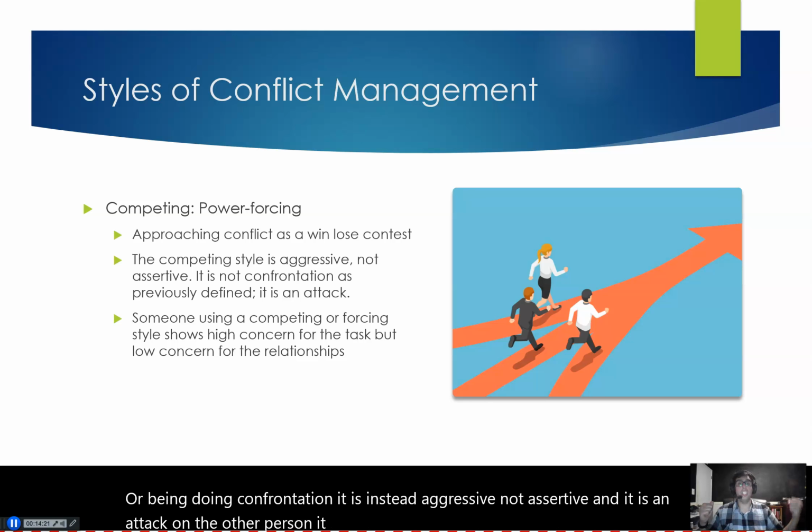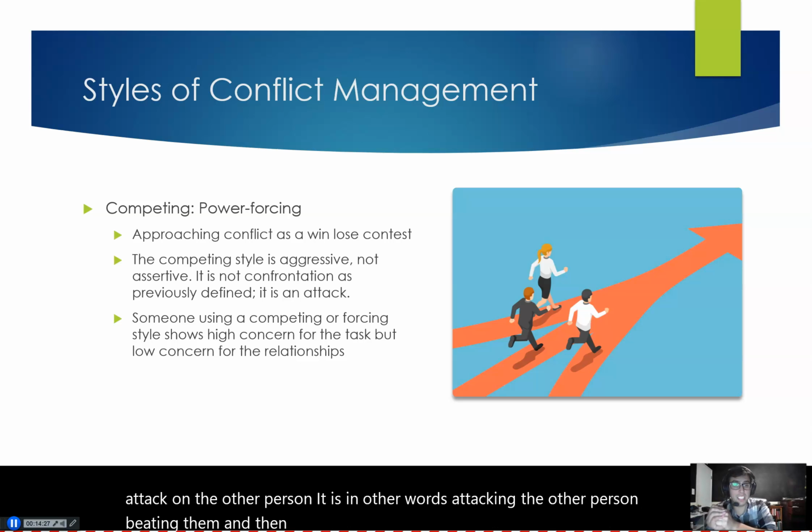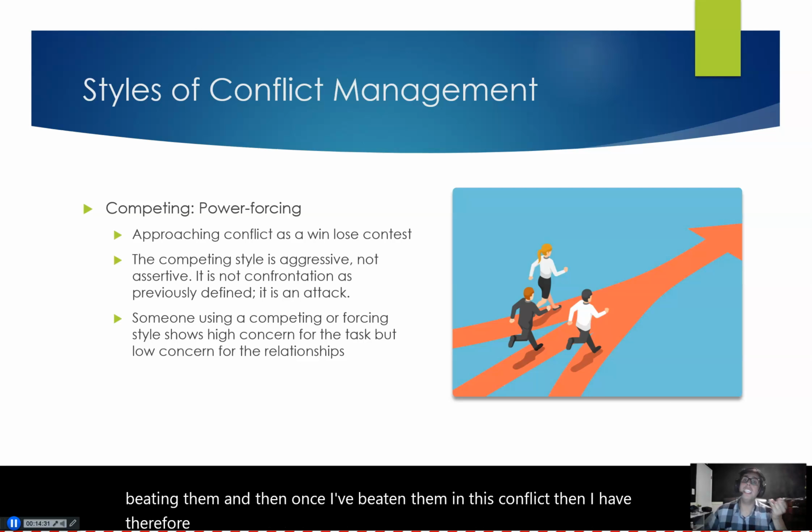It is, in other words, attacking the other person, beating them, and then once I've beaten them in this conflict, I have therefore won. Someone using this competing style has high task concern but low relationship concern.